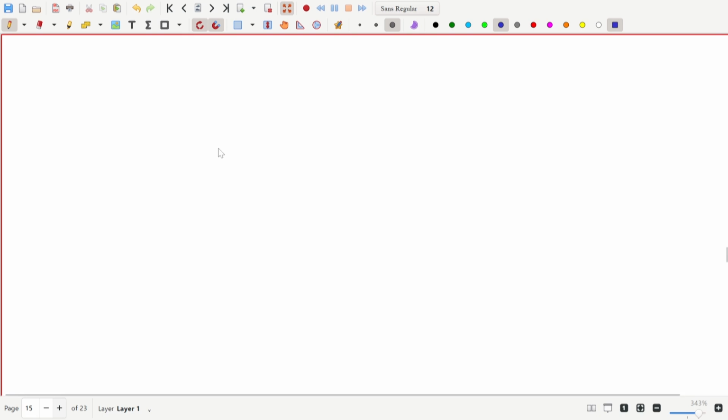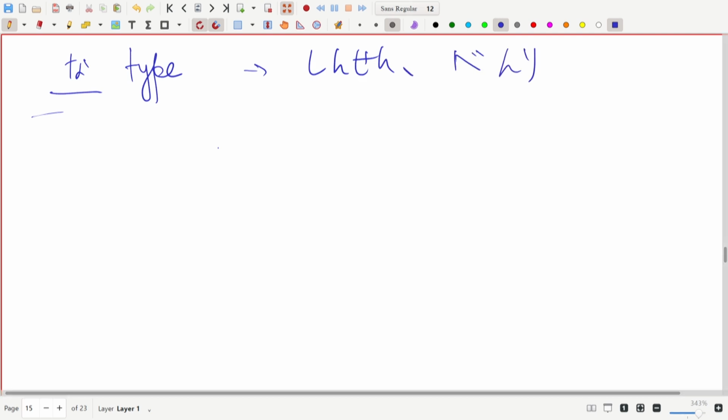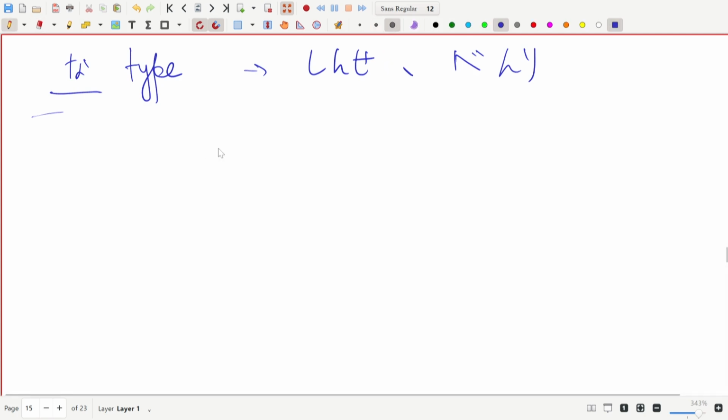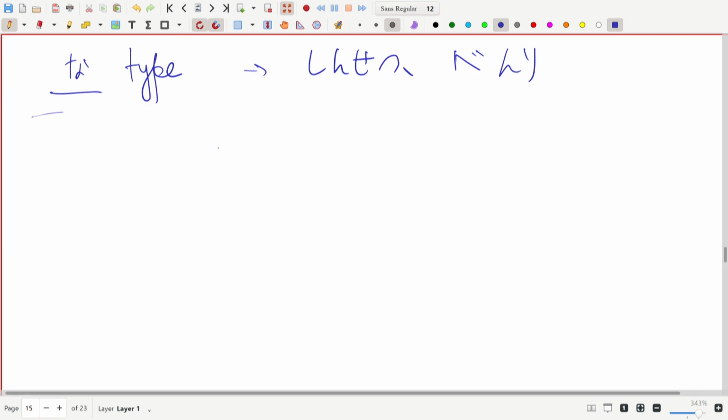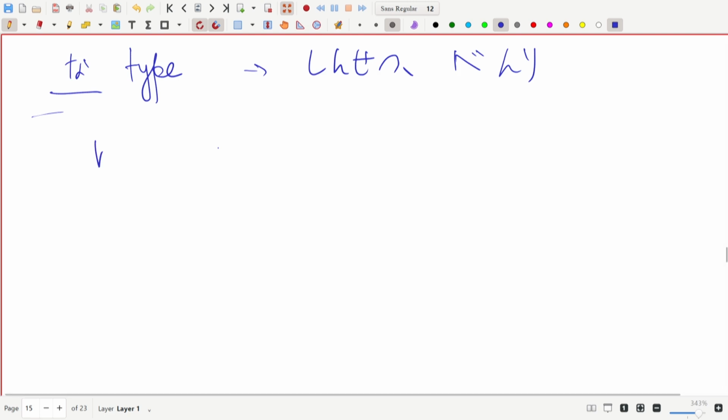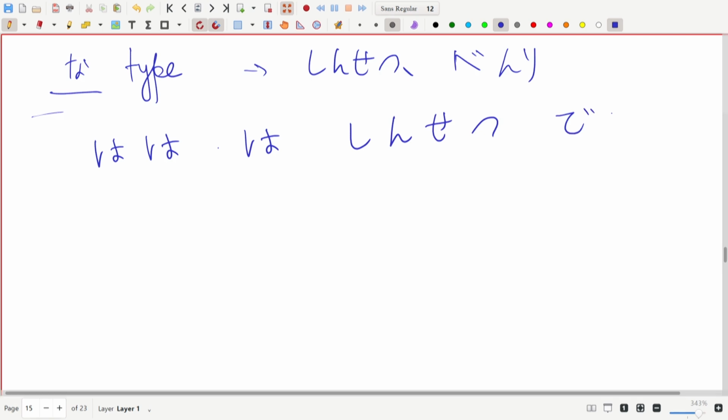Next, we learned about na type adjective. Okay. So, na type, we know it is shinsetsu, benri. So, shinsetsu is kind. If you want to say that my mother is kind, so haha wa shinsetsu desu.